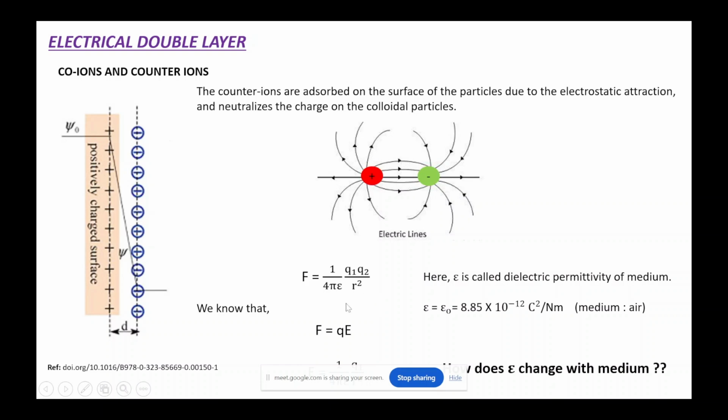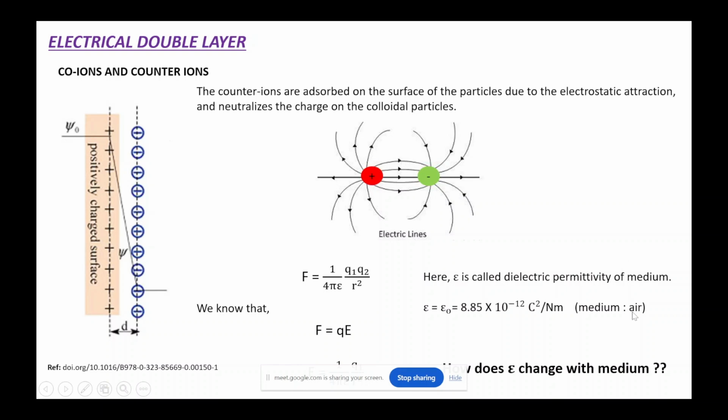So this is how you calculate the electrostatic force. Here, q1 and q2 represent the two charged particles that you are considering for the investigation, and r is the distance separating these two charged particles. And epsilon is called the dielectric permittivity of the medium in which you are going to keep these charged particles.